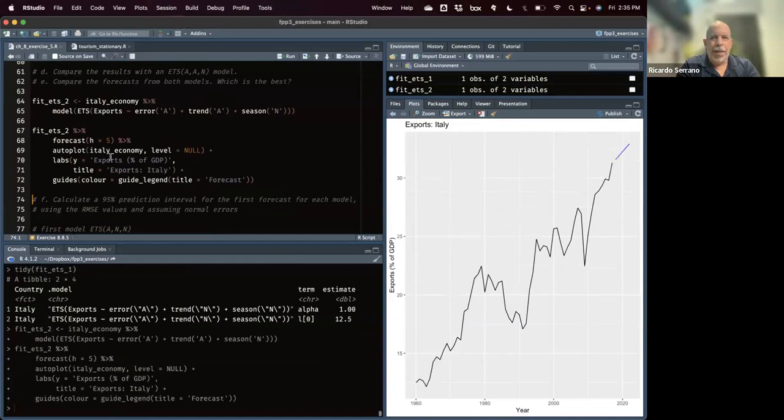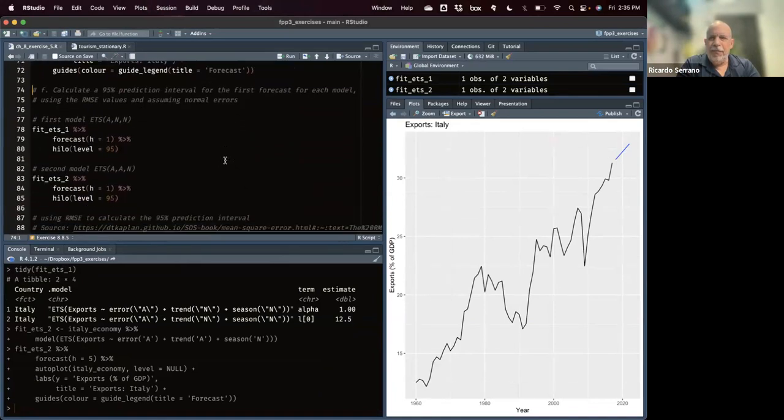This is the forecast, and you can see that it follows the trend of the whole thing. I used the hilo function to get the original calculation, as the forecast function is using it. The hilo is part of that.